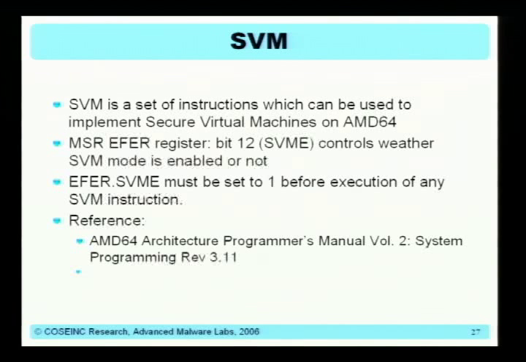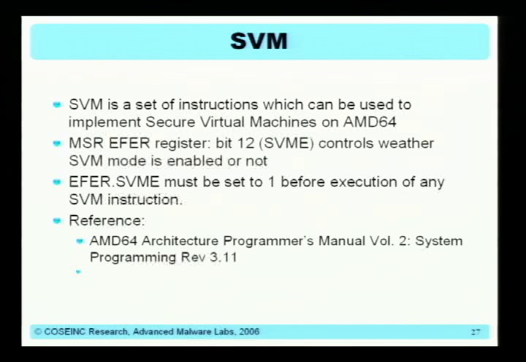SVM is a set of instructions which can be used to implement virtual machines on AMD64. There's an MSR register called EFER, which is used for many different things, but it has bit number 12, and this bit, when set to 1, enables SVM mode.